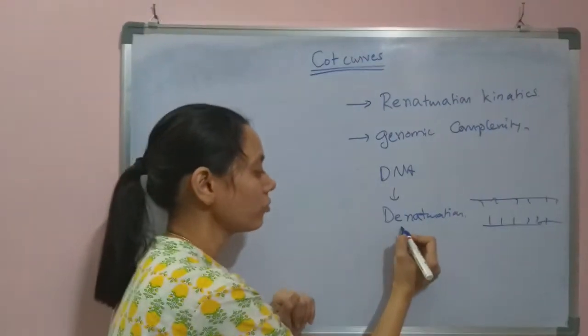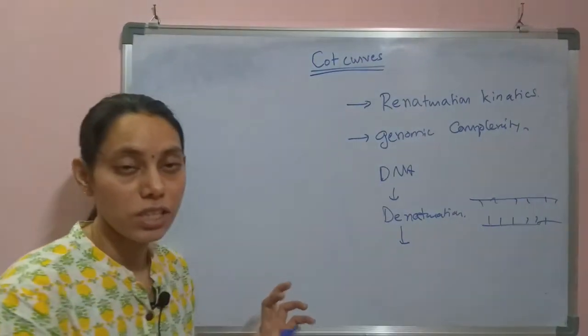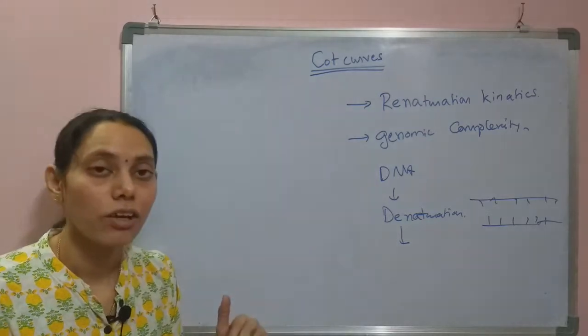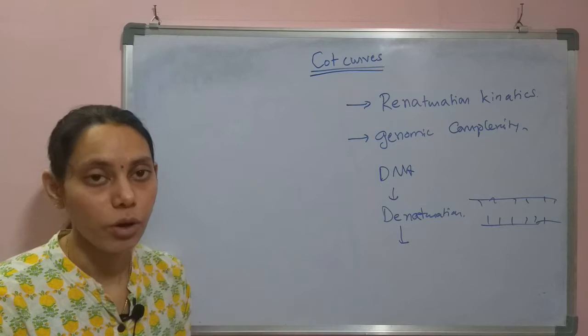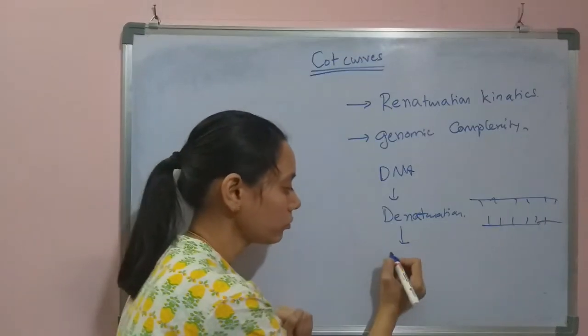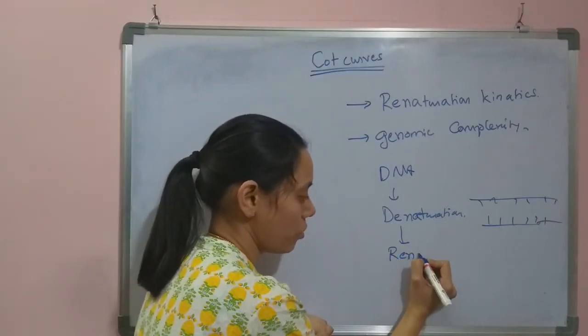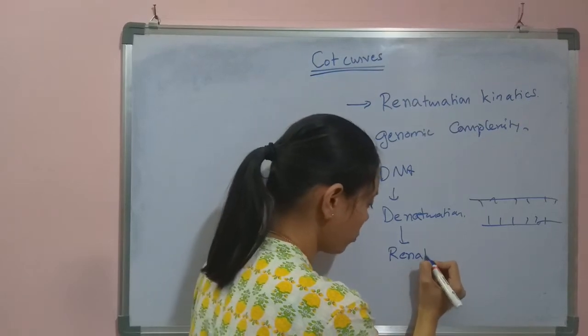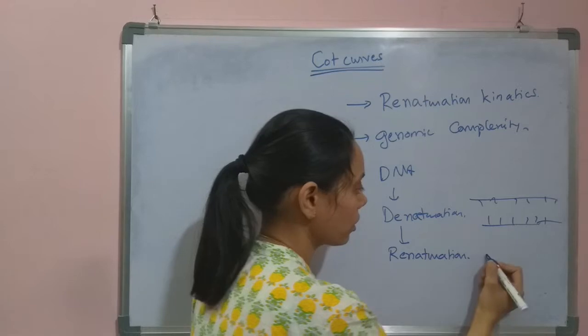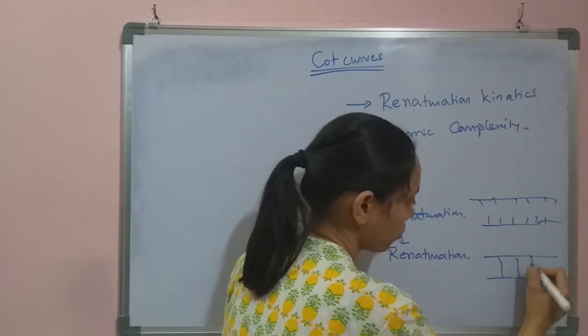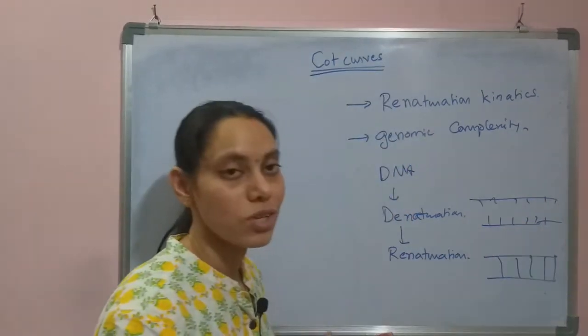After denaturation of the DNA of an organism, the renaturation conditions are brought back. That means the temperature is set low and renaturation will happen. Again, hydrogen bonds will be formed between the two strands of the DNA.